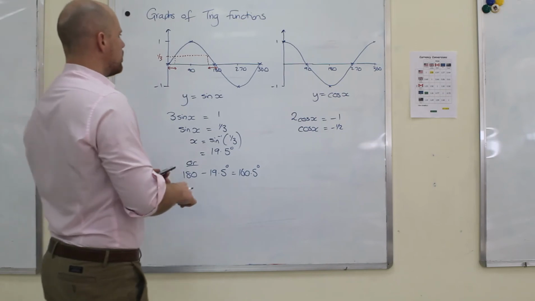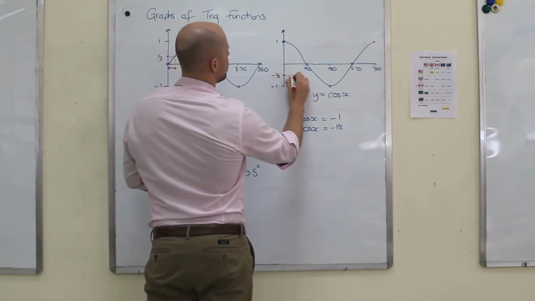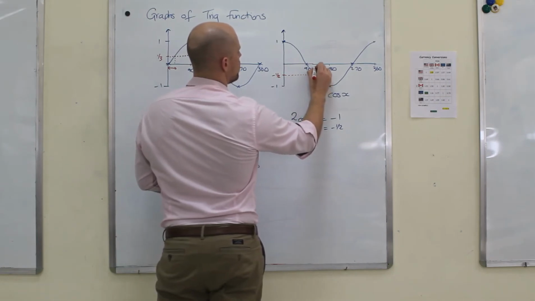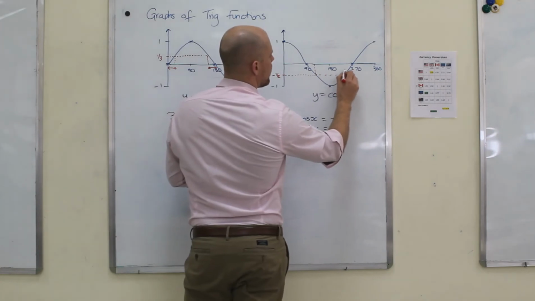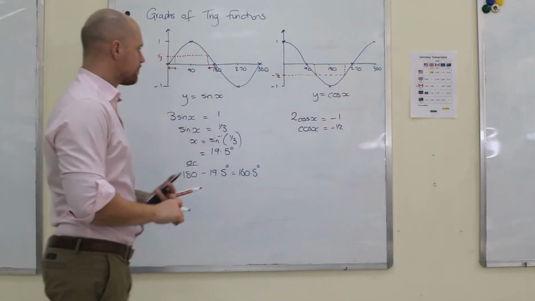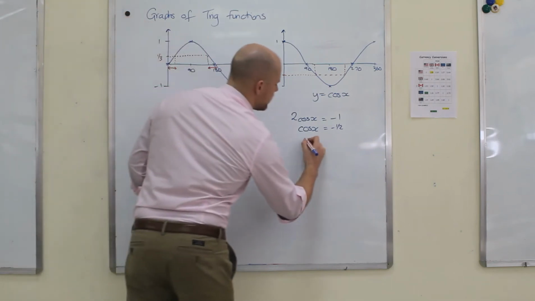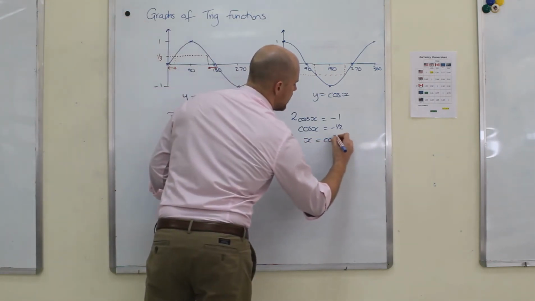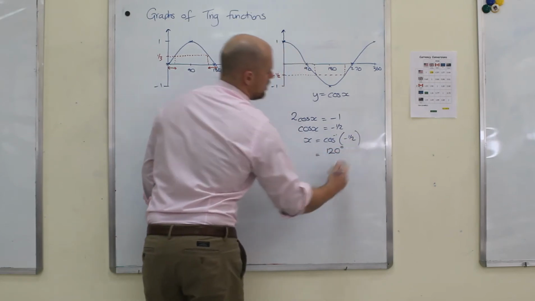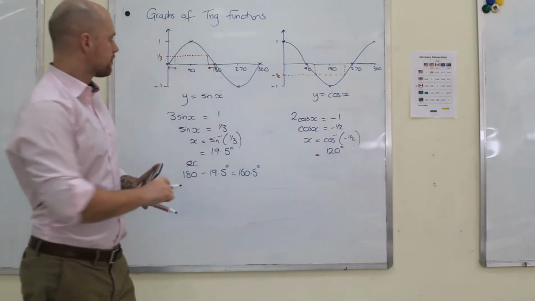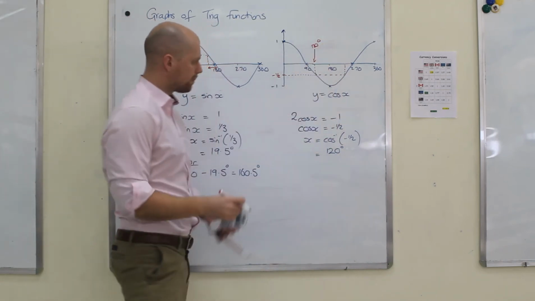If I put that on the graph, that's here, that's minus 1/2, and then come up, and then I do it again here, I will get 2 answers. So let's do cos inverse of minus 1/2. If I put that in my calculator, I get 120 degrees as one of my answers. So this value here is 120 degrees.